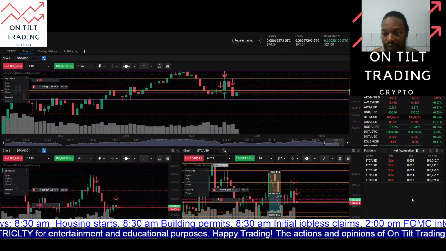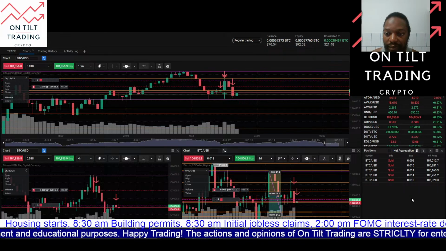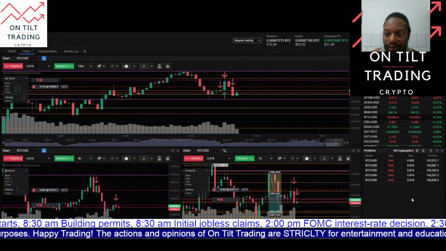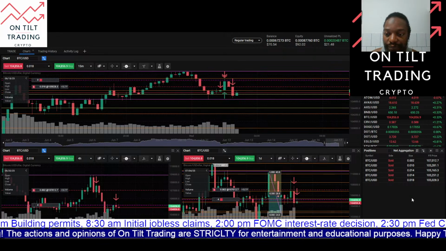Price currently being delivered to the sell side, back for a retest of the 104,850 level.